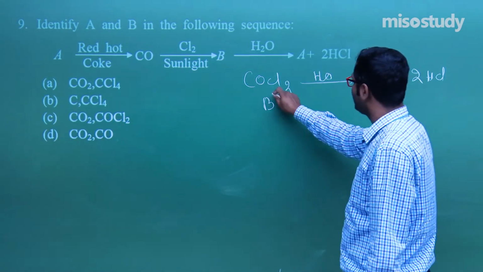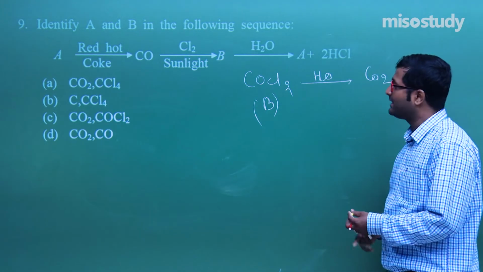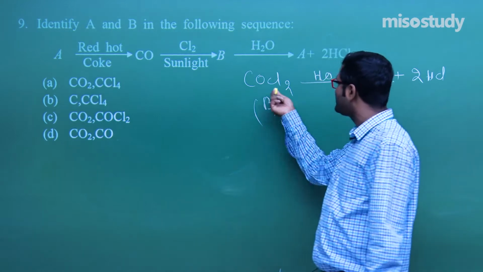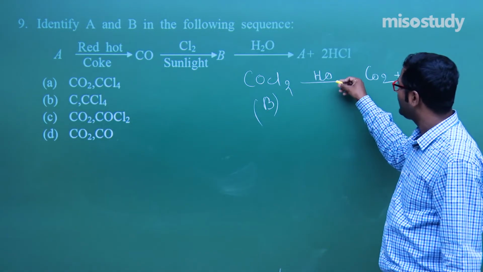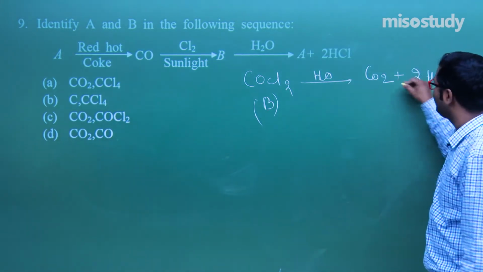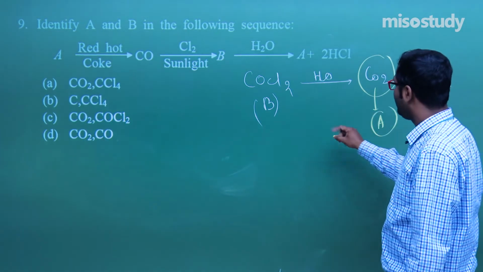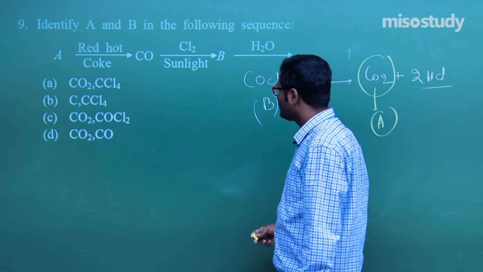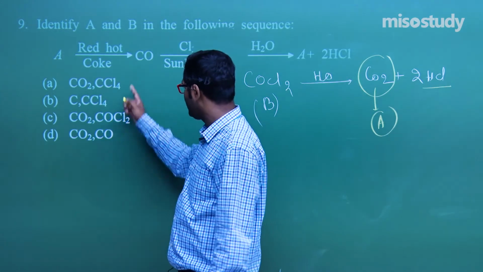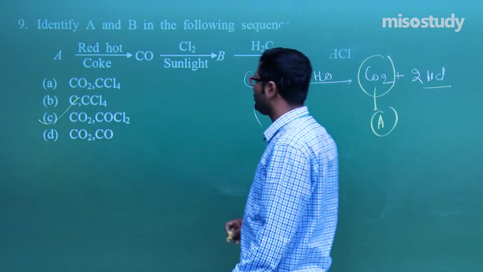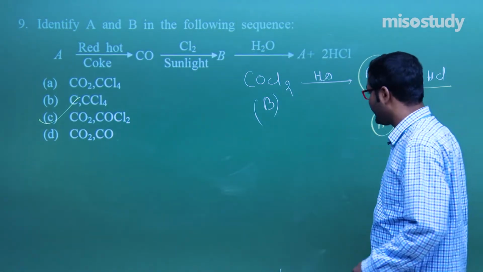This is a general reaction. That is, CO, carbon monoxide, on treatment with Cl2 gives COCl2, and COCl2 on hydrolysis gives HCl and CO2. So A is CO2 and B is COCl2. So C is the correct option.